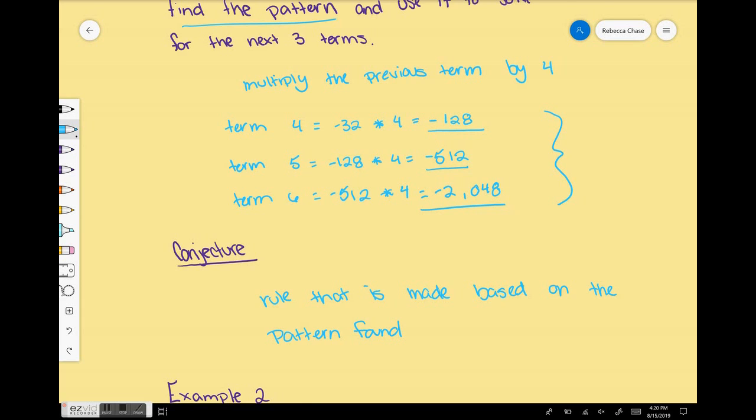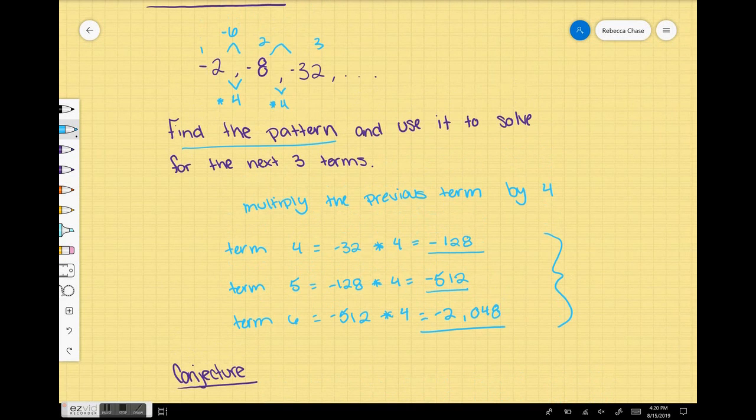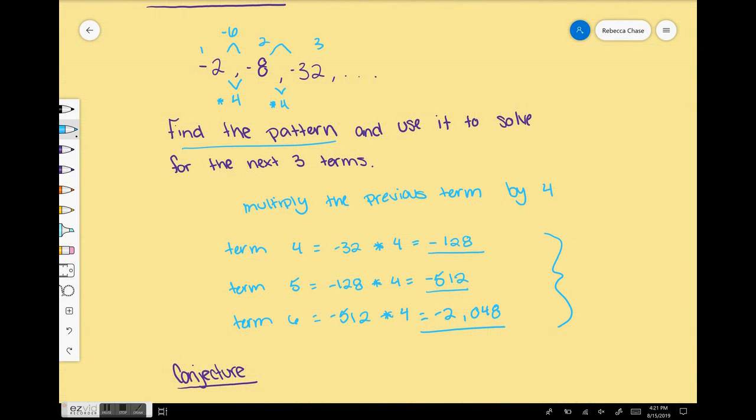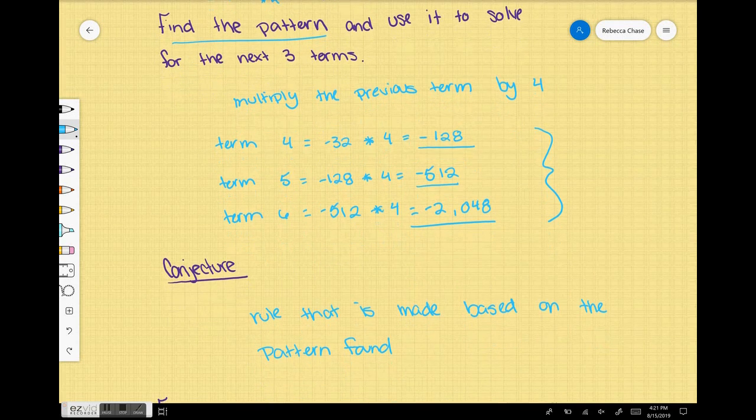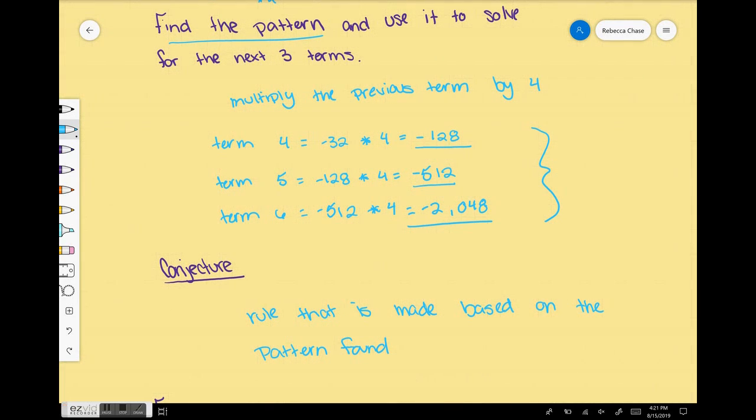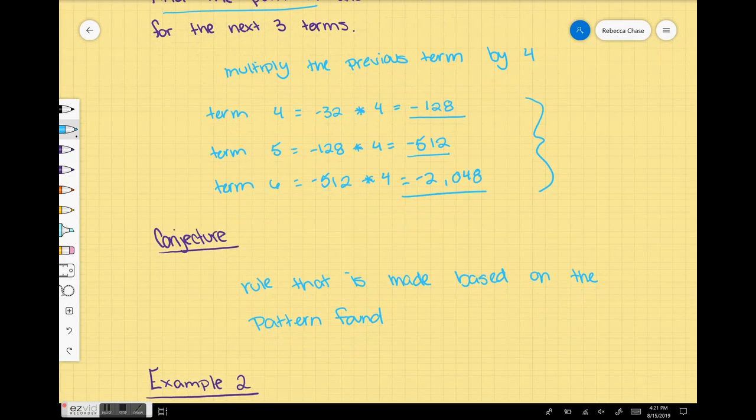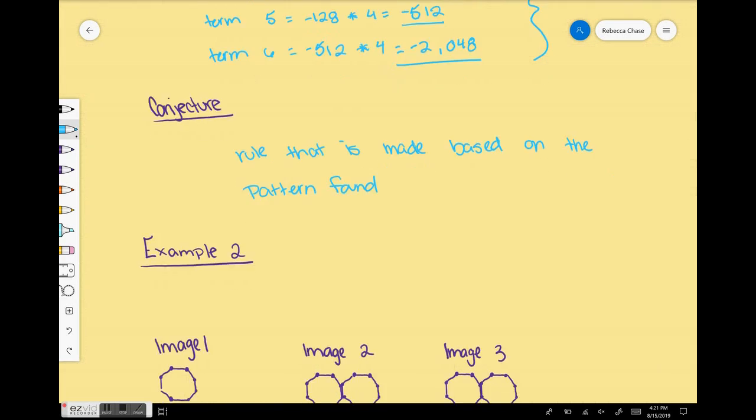A pattern is capable of switching up or not being true throughout the entire statement. That's why we have the dots right there, because we don't really know what's happening after that -32. We're making a conjecture and we're making the conclusion that the pattern holds true for the entire statement no matter how far it goes, that it will always continue to multiply by 4. But we don't necessarily know that that's what happens.